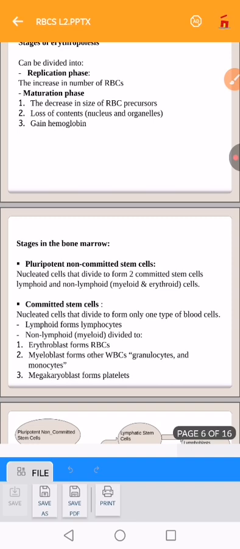After that we have a committed stem cell, also a nucleated cell, that divides to form only one type of blood cell. The lymphoid one forms lymphocytes, and the non-lymphoid one divides to form the erythroblast, which gives us RBCs. Myeloblast forms other types of WBCs, granulocytes and monocytes, and megakaryocyte forms platelets.